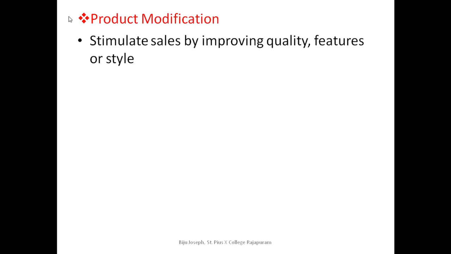And the next option, after market modification, is product modification. In product modification, stimulate sales by improving quality, features, or style. So by improving the quality, features, or style of the product, you can stimulate the sales of your product.